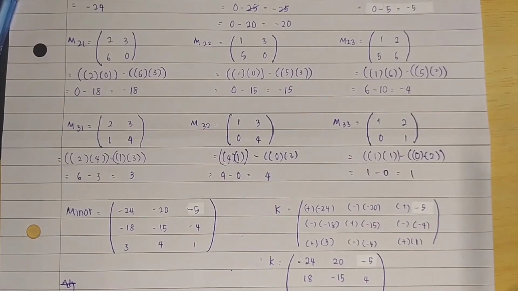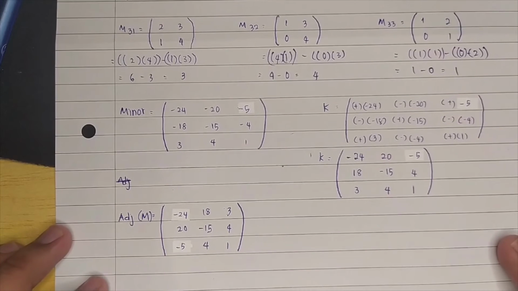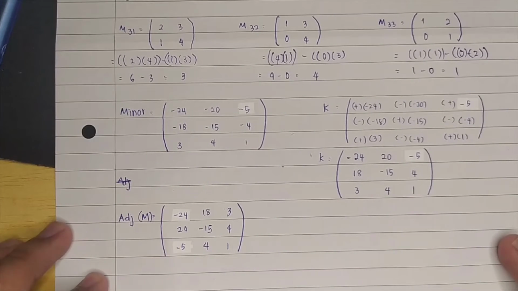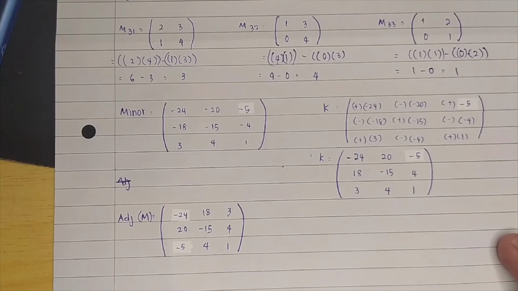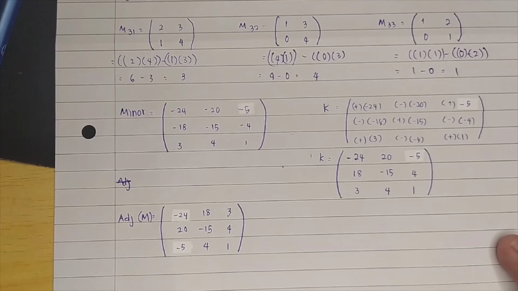So the last one is how to calculate an adjoint. To calculate the adjoint, we need to swap the positions of the numbers: those lying in a row go to the column, and those in a column go to the row.